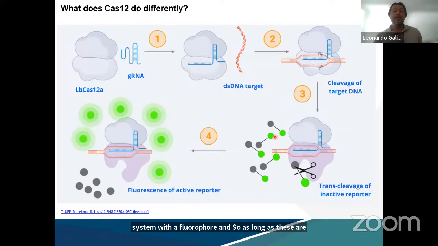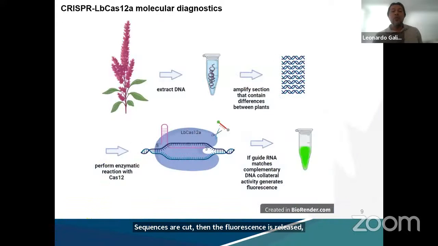But when this single-strand DNA is cut, then the fluorescence is released. You can produce fluorescence. So the way that we made this assay for our case is, we took some Amaranthus plants, extracted DNA, amplified the region where the guide RNA might bind, and then did our enzymatic complex along with our reporter to produce fluorescence.